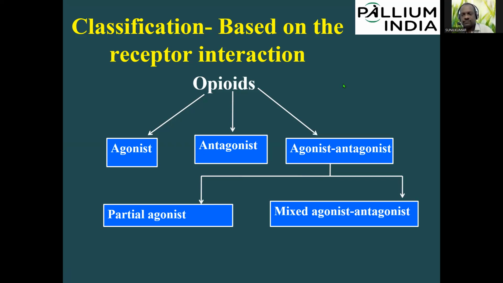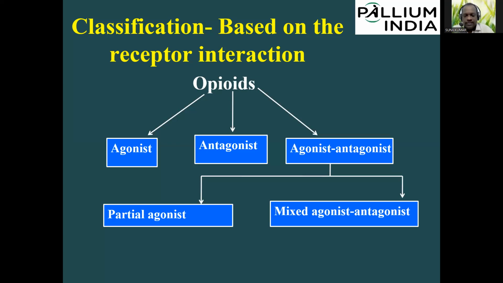Anybody? There will not be any effect on your body. It will act only in presence of an opioid. Naloxone will act only in presence of an opioid. So as long as you are not taking any opioid, it is not going to cause anything in your body. Okay, so that is an antagonist.